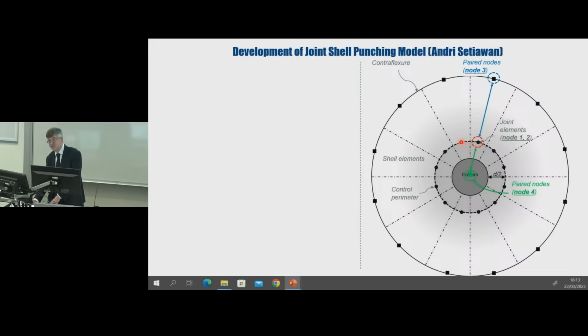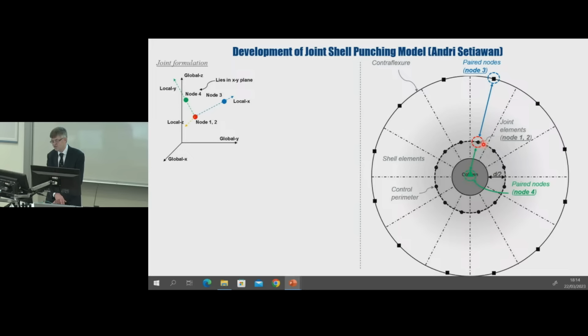The shear resistance of these joints is calculated using the critical shear crack theory. The key challenge here is that the shear resistance of the joints depends on the maximum rotation, which occurs near the line of radial contraflexure, rather than at the joints themselves.